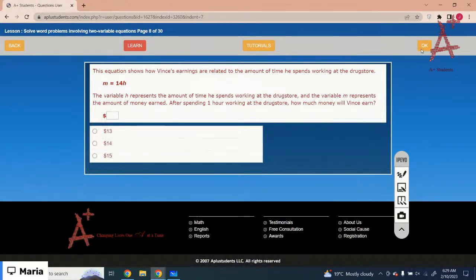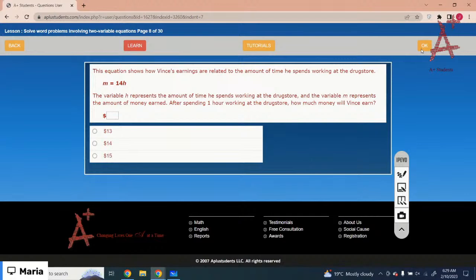Okay, the next one is this equation shows how Vince's earnings are related to the amount of time he spent working at a drugstore. M equals 14H. So the variable H represents the amount of time he spent working at the drugstore and the variable M represents the amount of money earned. After spending 1 hour working at the drugstore, how much money will Vince earn?